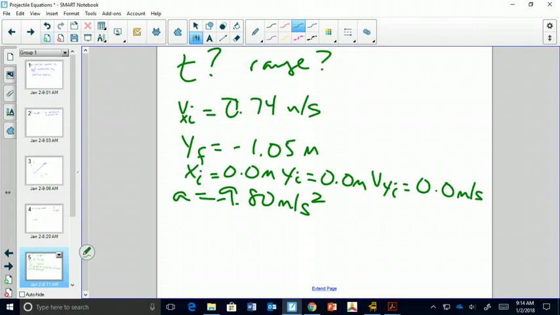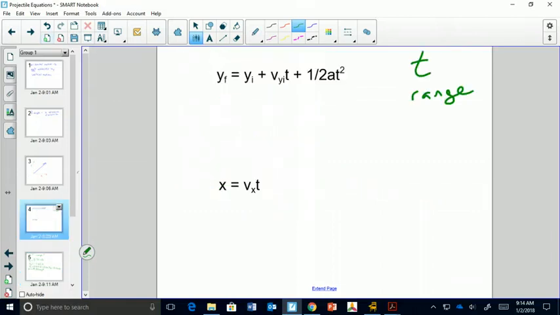We cool? All right. So, we want to find the time first. The equation that I need to find time, I know acceleration, and I know my distances.